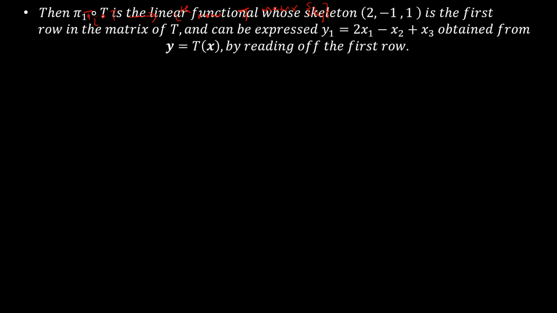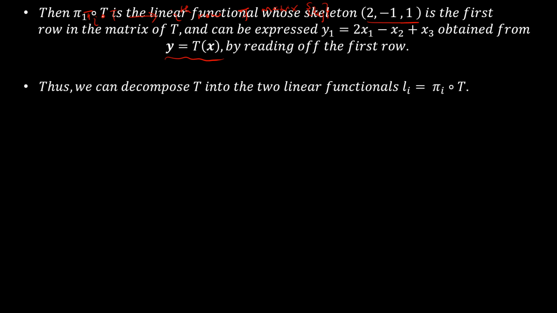So for the matrix that we just saw, pi 1 composed with T is going to be a linear functional whose skeleton is here. And this is the first row in the matrix of T and can be expressed, when you multiply with the input vector x1, x2, x3, so that we get y1 equals x1 minus x2 plus x3, obtained from this transform equation. And that just comes from reading the first row.